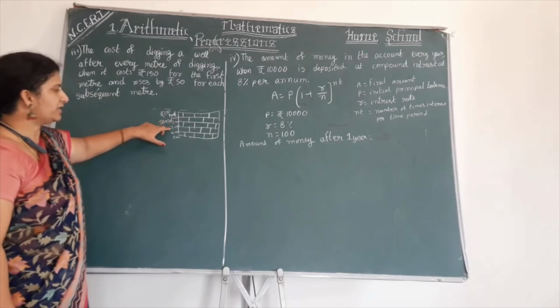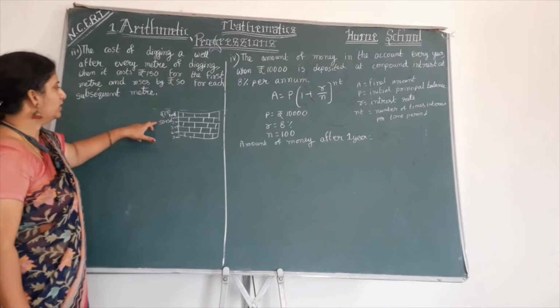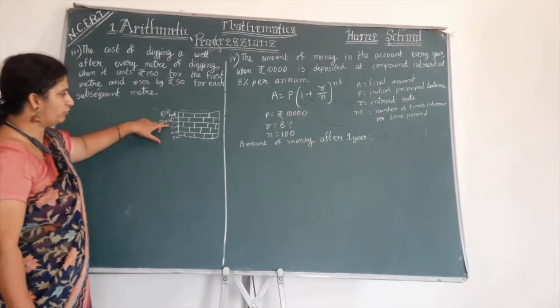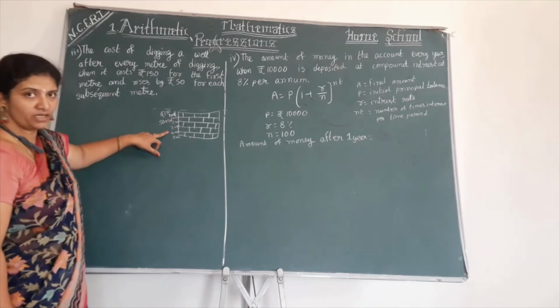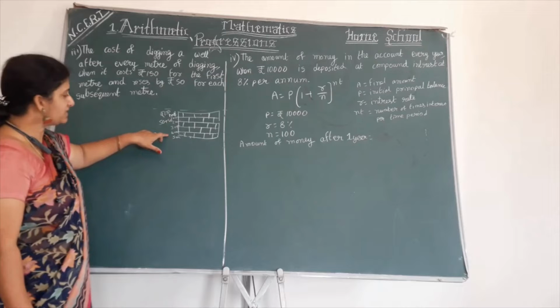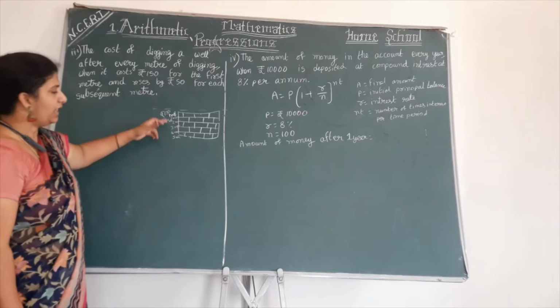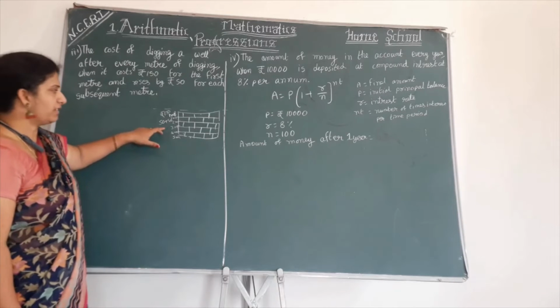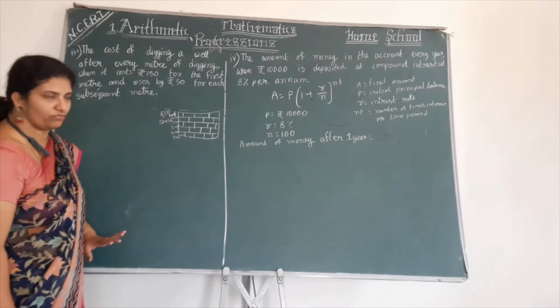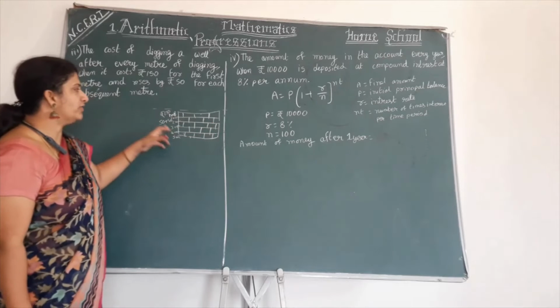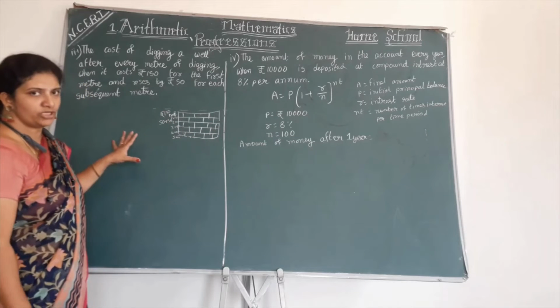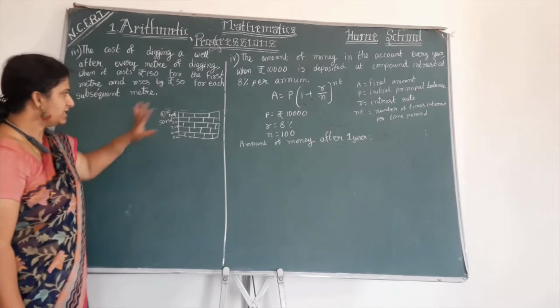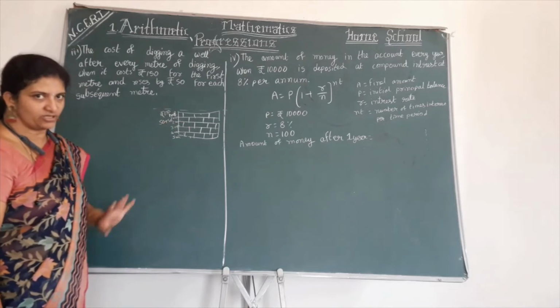Then after digging 3 meters, 250. Then fourth meter again 50 added. 250 plus 50 will be 300. Again for 5 meters, 300 plus 50 will be 350. Total amount for digging this well, you need to pay 350 rupees. This well is just our imagination, right children?